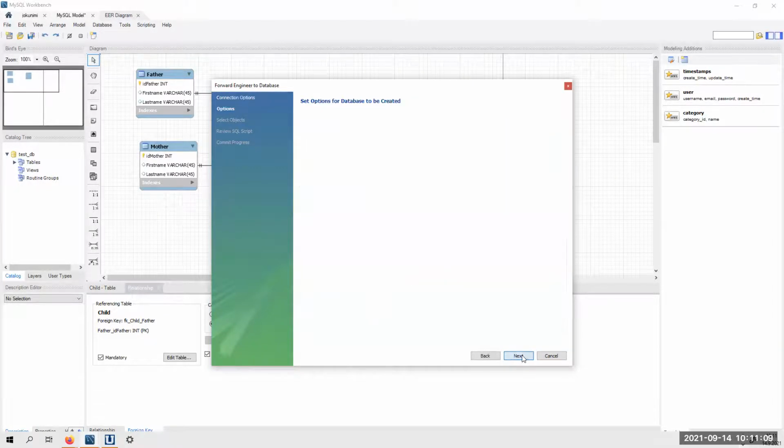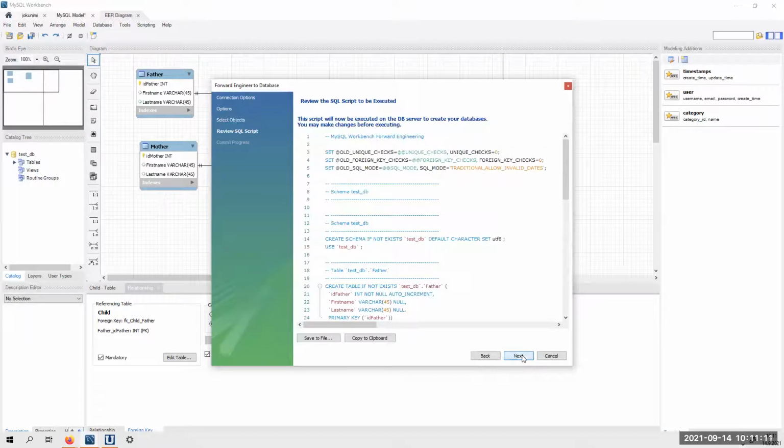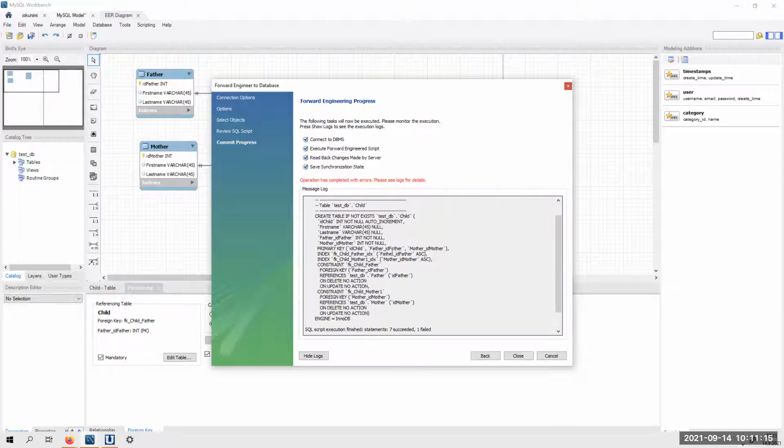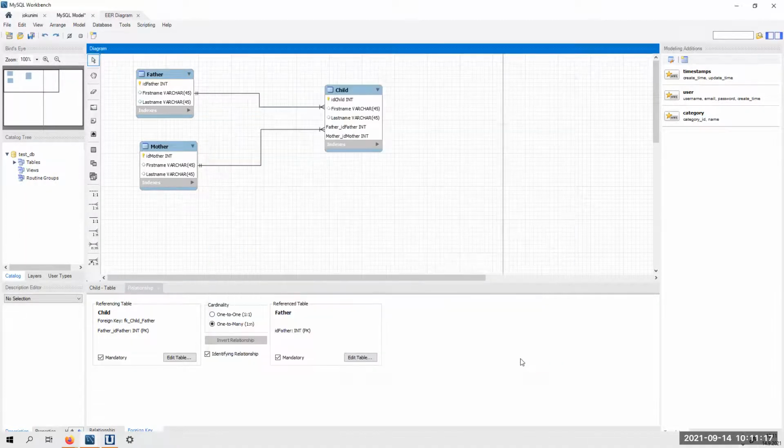So this gives an error message like this for the child table. I don't think it's about the tables. It's some setting on the workbench now. It can be about the model options.